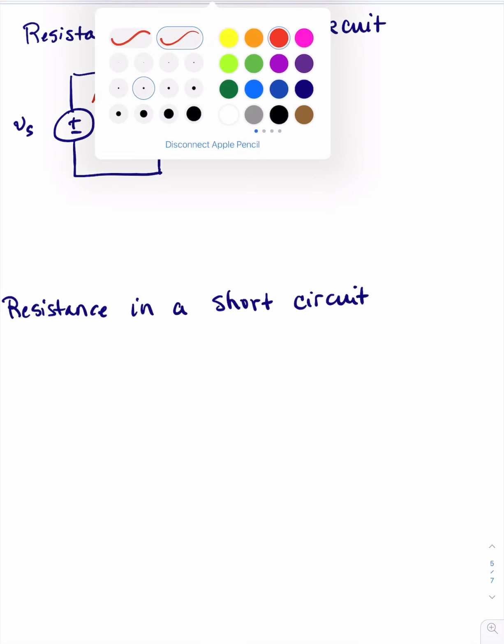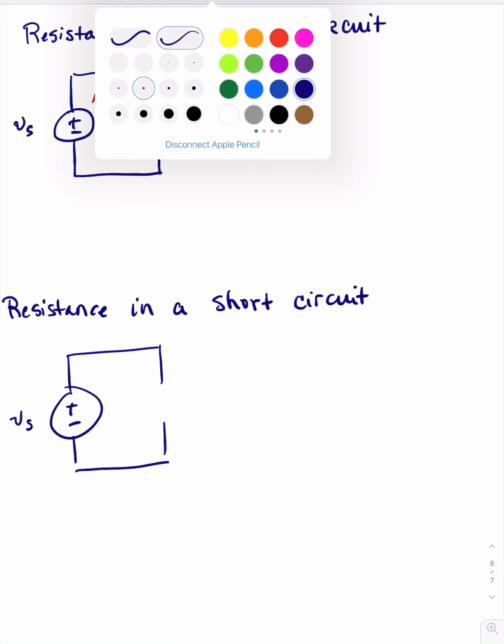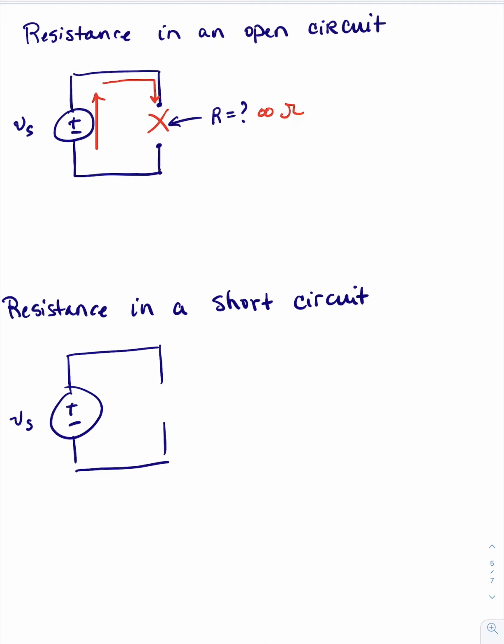All right, let's take a look at a short circuit. This time let's use a voltage source. We can use either. And again, we have our resistor load here. And we decide to remove this load and instead we shunt it. So let's use purple.